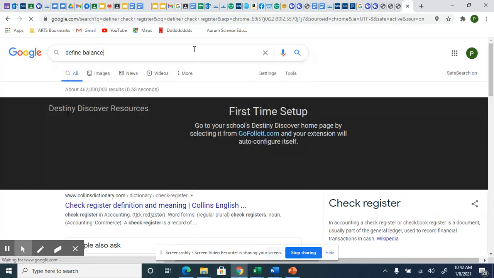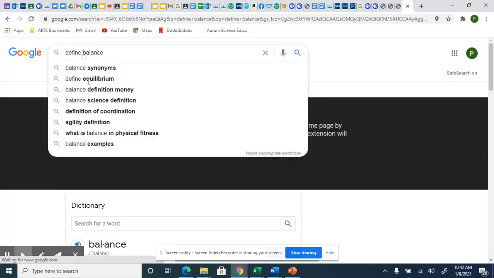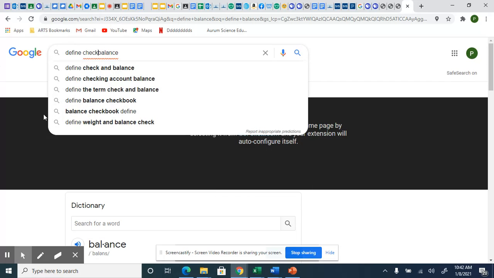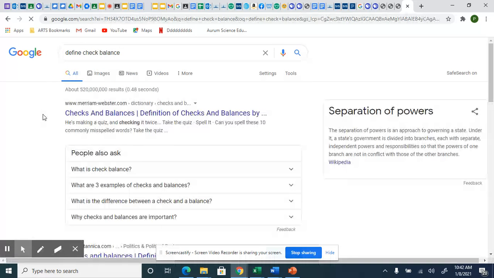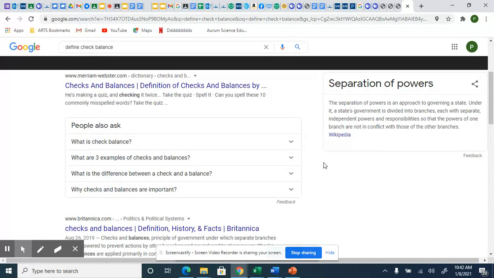I was looking up my balance yesterday. Let's actually say check balance. Is that going to help?